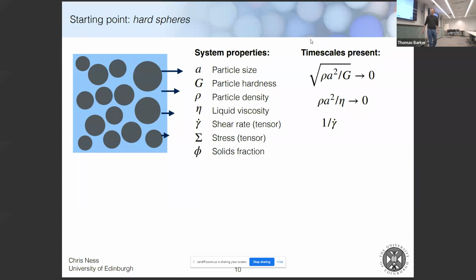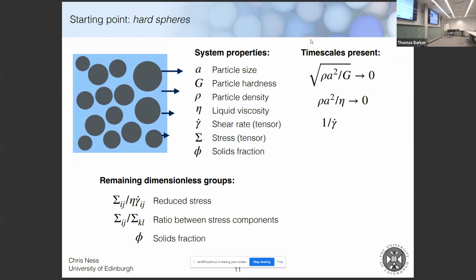And that means if we want to come up with some dimensionless control parameters for understanding suspension flow, we can only have some things that look like these 3. The solids fraction I mentioned is already dimensionless, so that just goes straight onto our list. There's only one relevant timescale, which is the shearing one.